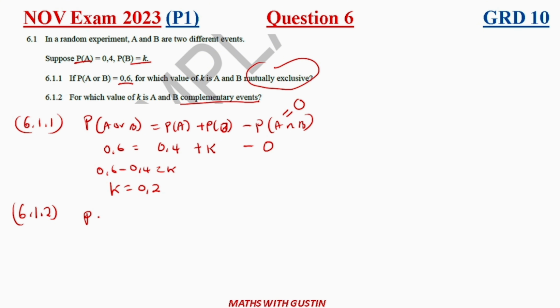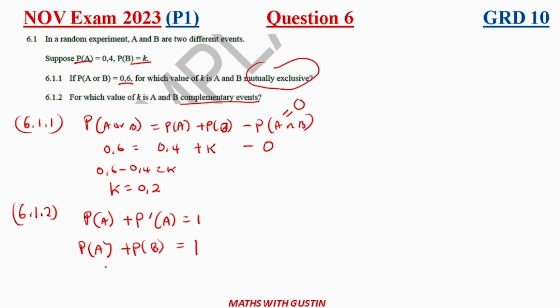So 6.1.2 says, for which value of K are A and B complementary events? Complementary events, you remember, guys, means that the probability of A plus the probability of not getting A should be 1. So they are simply asking about the probability of A and the probability of B. If they are complementary to each other, they must add up to 1.